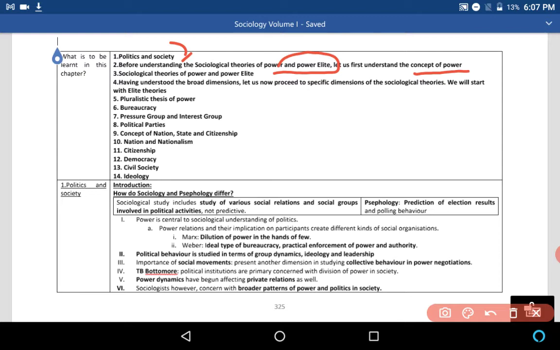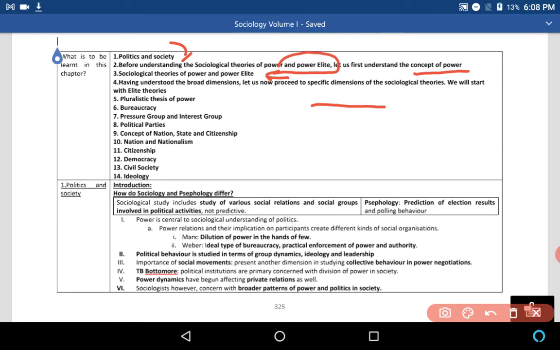So, in this background, we'll look at the basic theories and the broad dimensions, and then the specific dimensions, like the basis on which evaluation is done in various sociological theories.